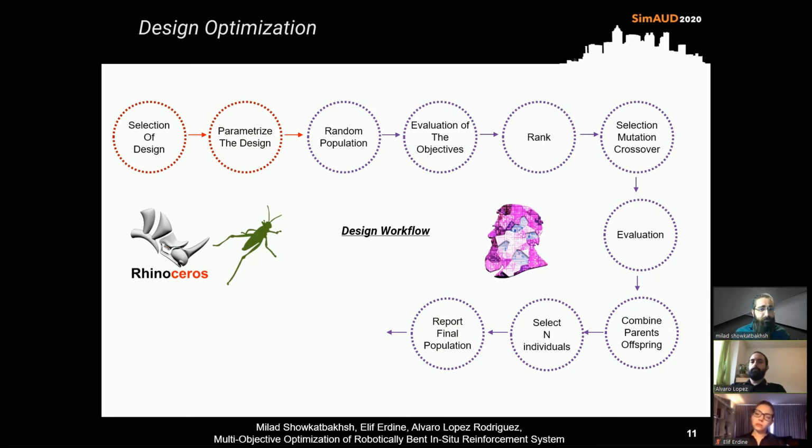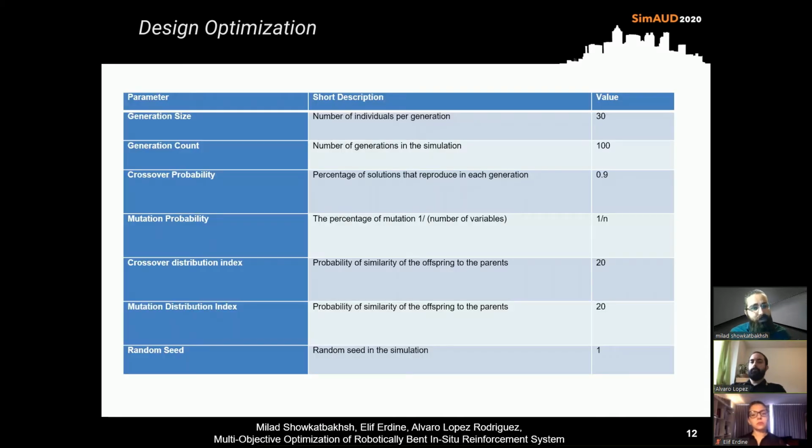The generation process and the iteration, as pictured in the purple circles, include creating a random population, evaluation, selection, and, according to the set of evaluation criteria, reporting the final population set. The settings that were used for the evolutionary solver are as follows. The further explanation of each title is available in the source material.